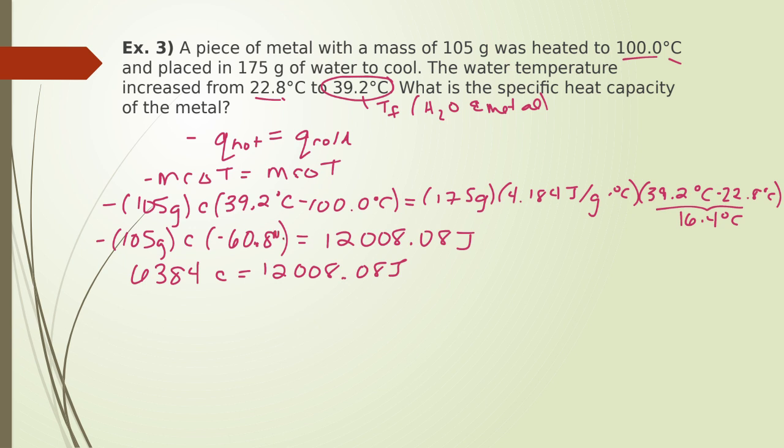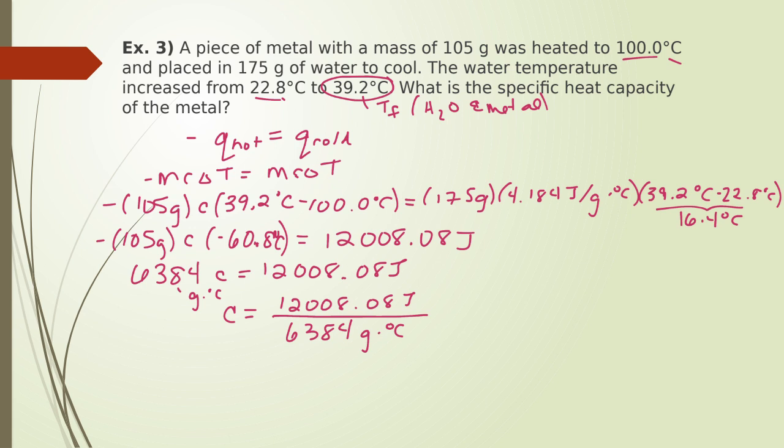Okay, sorry, actually we should keep track of our units here. This is grams degrees C right there. So we're going to solve for C, and we're going to take 12008.08 joules, and we're going to divide by 6384 grams degrees C.